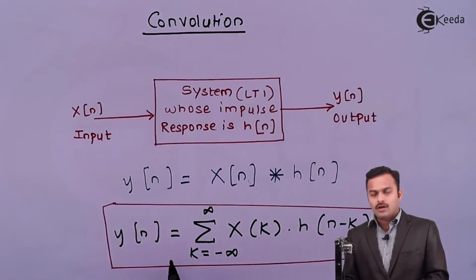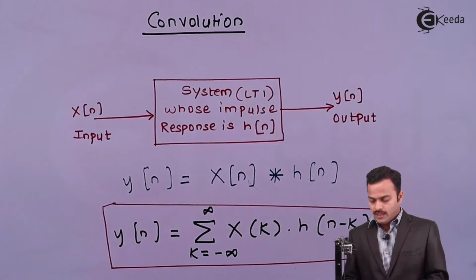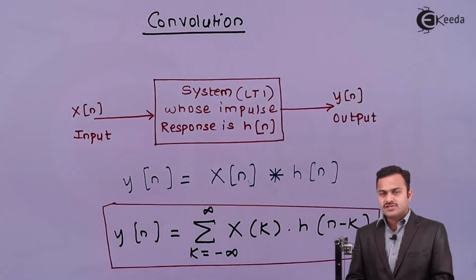Now from this convolution sum formula, we are going to derive a procedure which we need to follow to solve problems based on convolution.